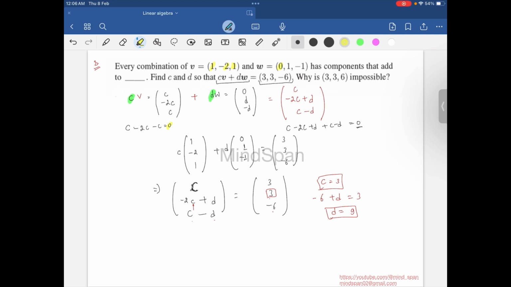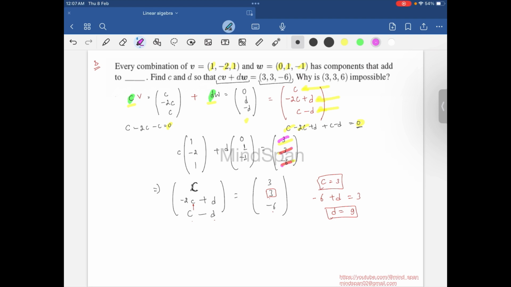And if you see the right hand side, if you add up these components, that is 3 minus 6, that will give you 0.